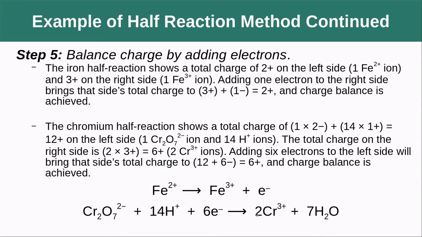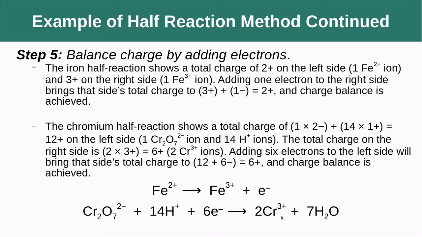Here we can see that we have 2 times a +3, so this whole side is a +6. Over here we have -2 and 14 times 1, so 14 positive minus 2 gives this whole chunk right here a +12.